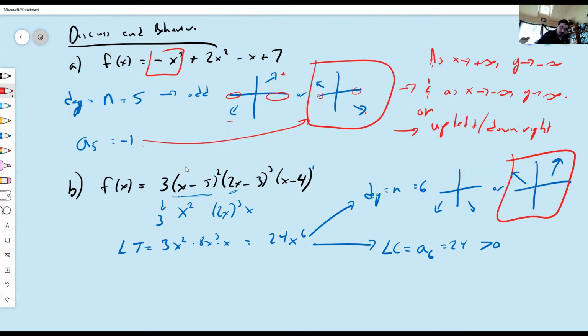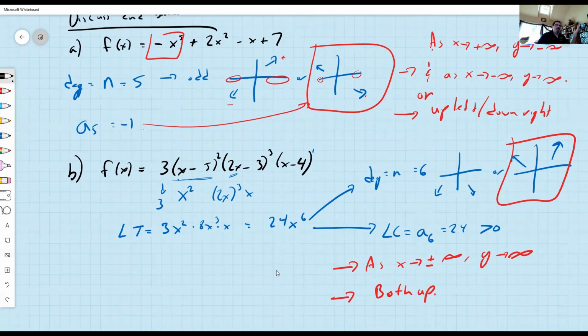If you want to be fancy, you might say, as x approaches, in this case it doesn't matter, plus infinity or minus infinity, y approaches positive infinity. Or you could just say both up. All right, so that's the end behavior.